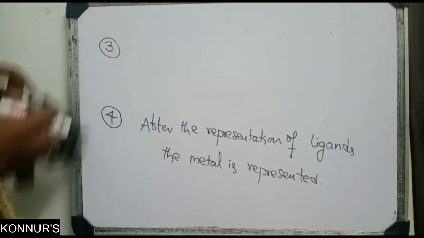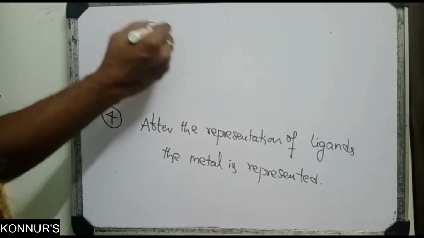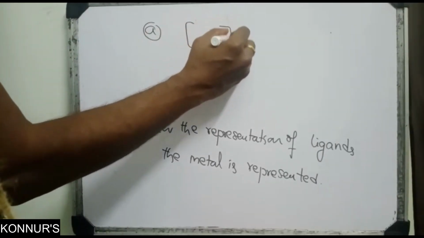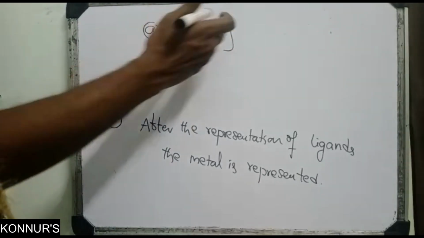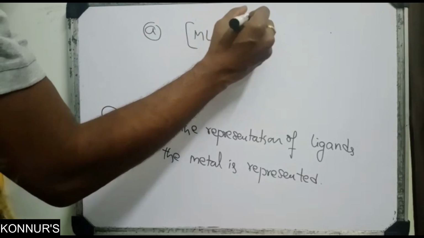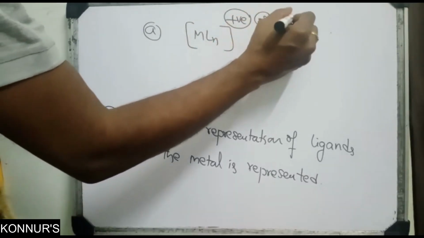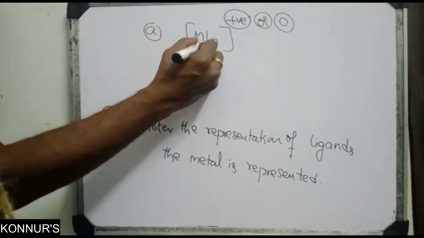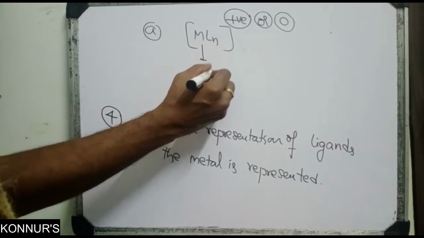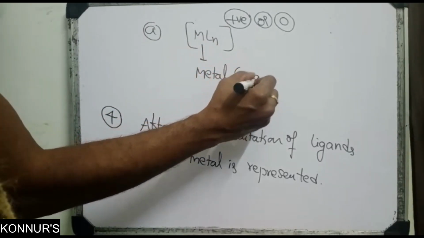A. If the complex sphere contains a positive charge, or otherwise a neutral charge so there is no charge, then the metal is represented by its original name only.